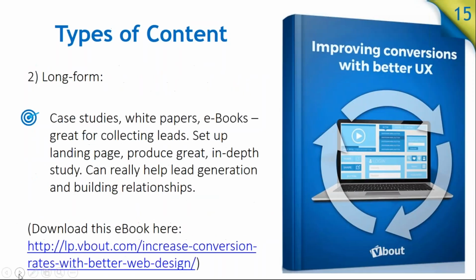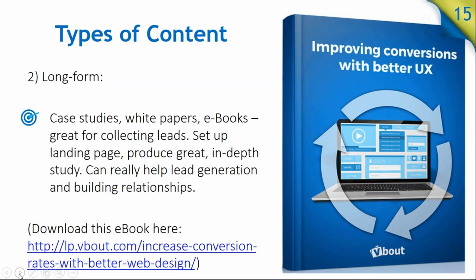Other things to consider. The next type of content is long form. So if you read up on what works really well in B2B content marketing, you will see a lot of people talk about ebooks, case studies, white papers, and they are great for collecting leads. There's a whole lead generation machine that works around a white paper and ebook.